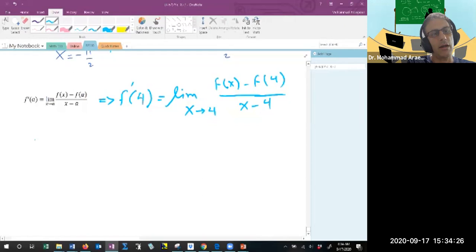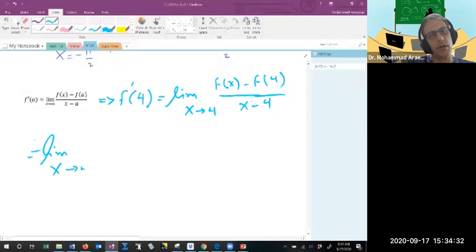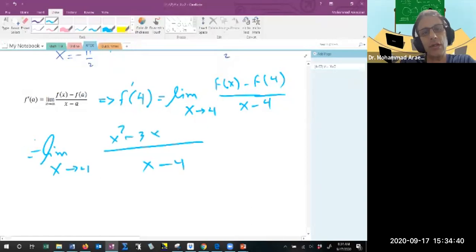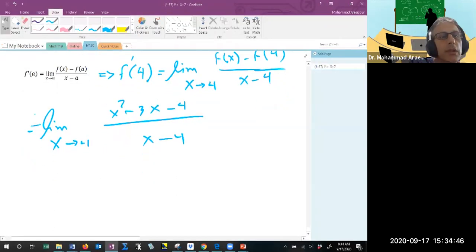Now this is equal to the limit as x approaches 4. The denominator is x minus 4. The numerator was x squared minus 3x, that's f of x. And remember, f of 4 was calculated as minus 4. Now, the hint I have always given you is this.